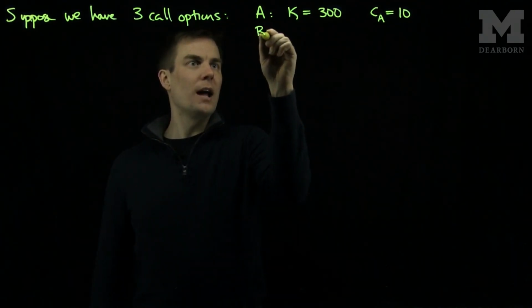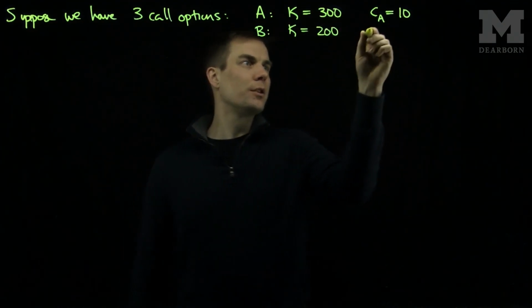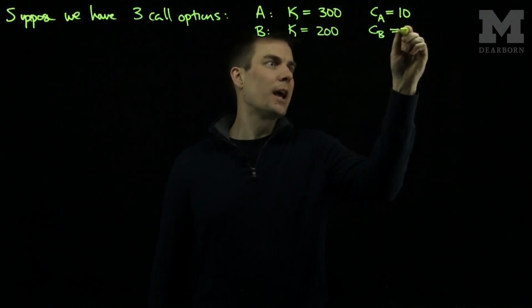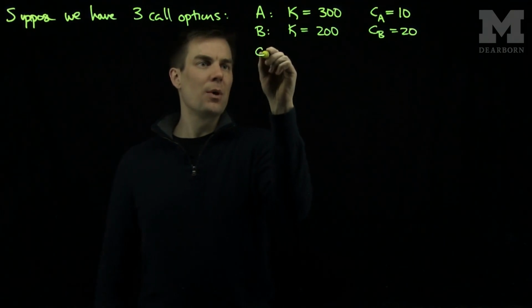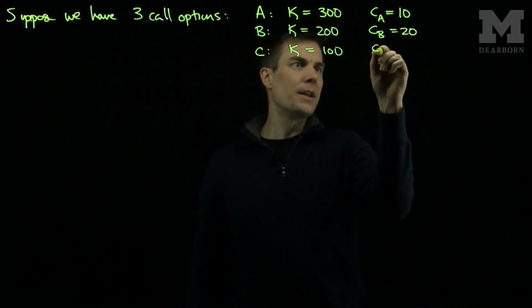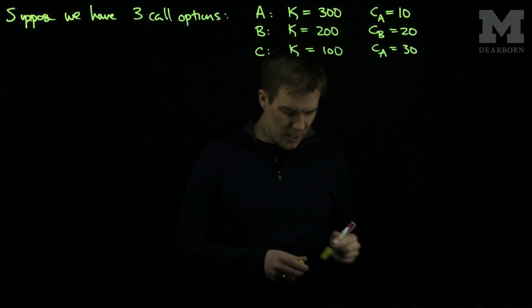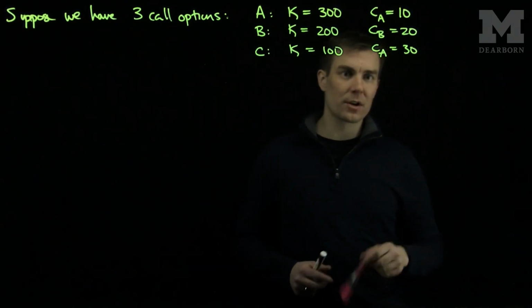Call option B has a strike price of 200 and is priced at $20. And call option C has a strike price of 100 and is priced at $30. And let's suppose that all the expiration dates occur at year 1.